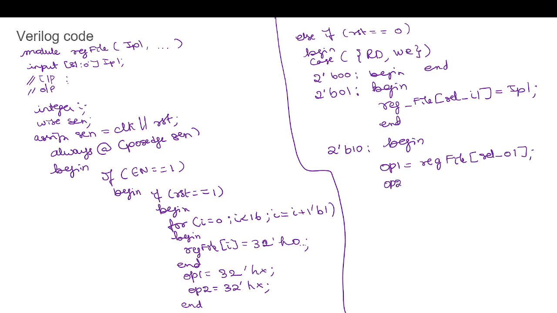For OP2 this address will be in select 02.